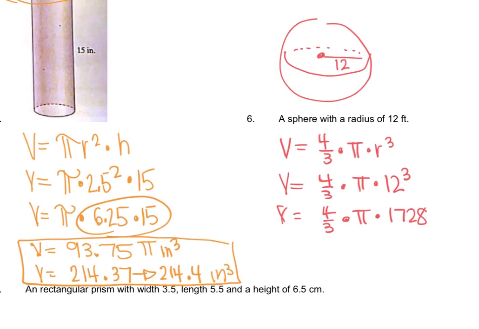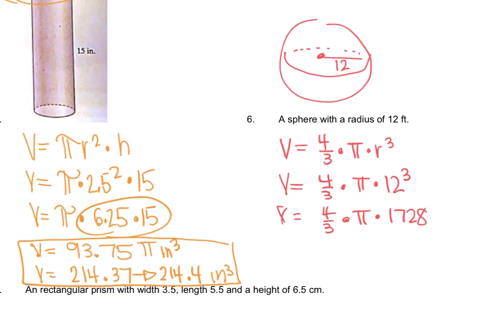Again, these big numbers aren't scaring me because I have my calculator. I can put that over 1. So I have 4 over 3 times 1728 over 1, which is going to give me a 3 on the bottom and a 6,912 on top. I divide that by 3, and I actually get a nice number, 2304.